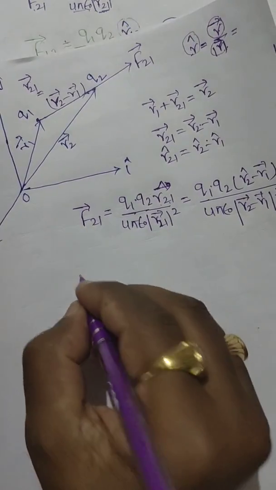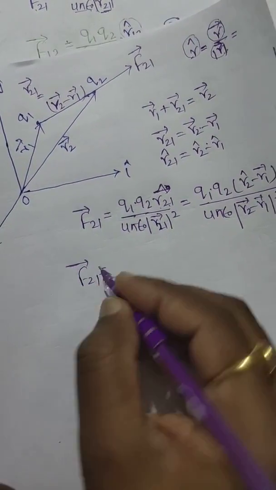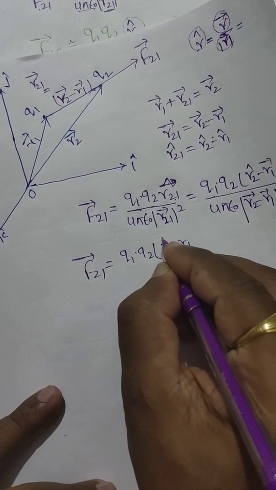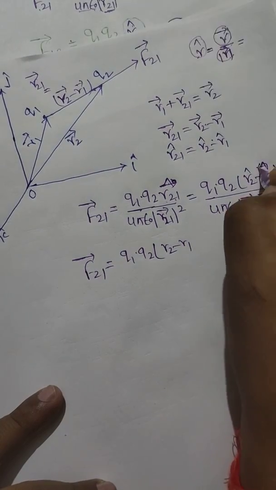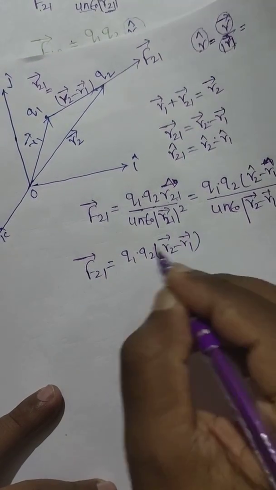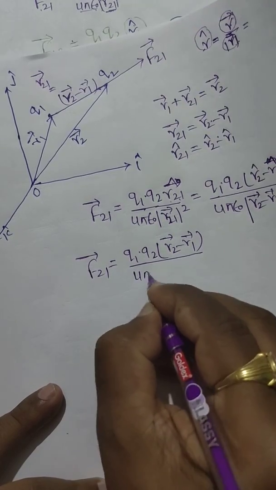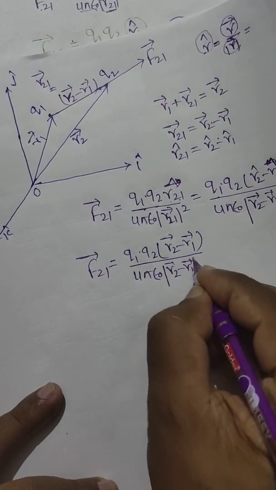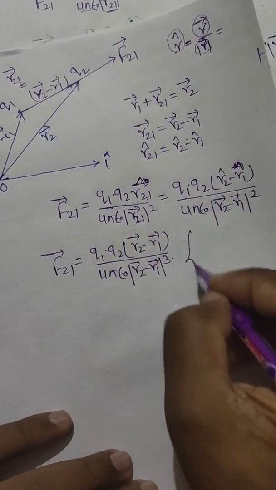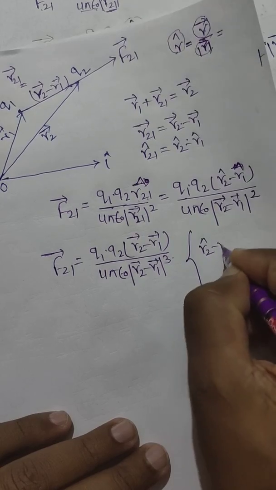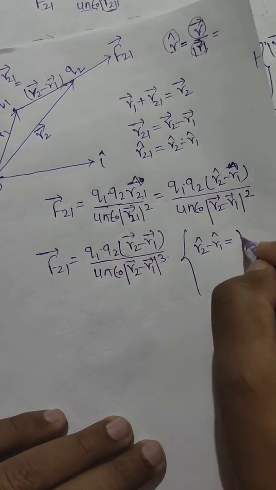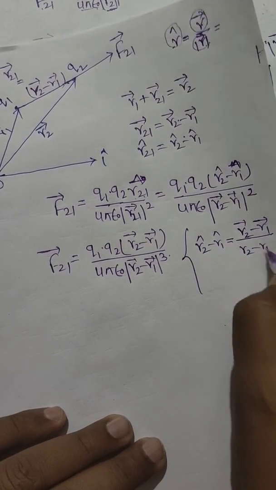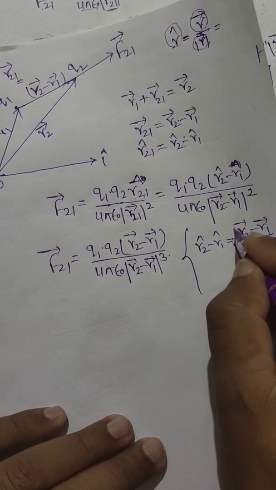square. Or we can also write it in this form: Q1 Q2 R2 minus R1 vector upon 4 pi epsilon naught R2 minus R1 cube. We can write R2 cap minus R1 cap is equal to R2 minus R1 vector upon R2 minus R1, right?